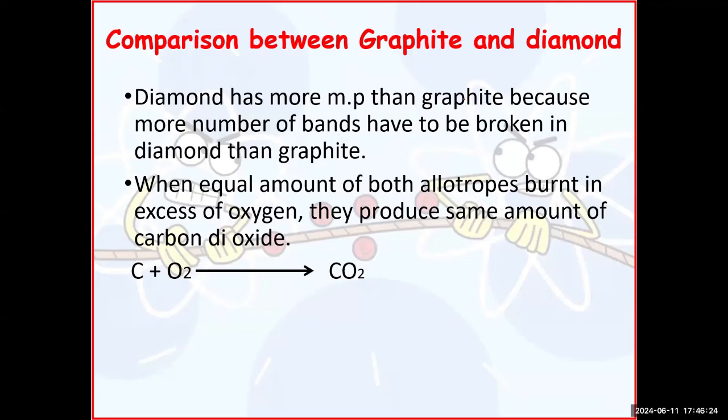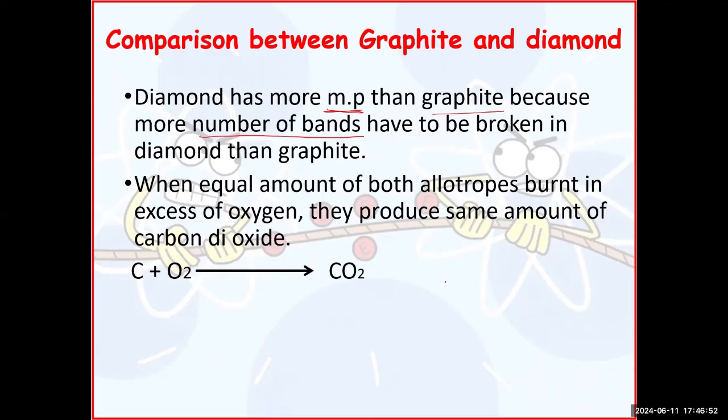Once you have looked at the structure of the two, diamond and graphite, you will also be asked for their property comparison. If you talk about their physical properties, diamond is harder, so obviously it has a higher melting point, and graphite will have a lower melting point. But both of them have a relatively high melting point compared to small molecular structures. More bonds are there in diamond.